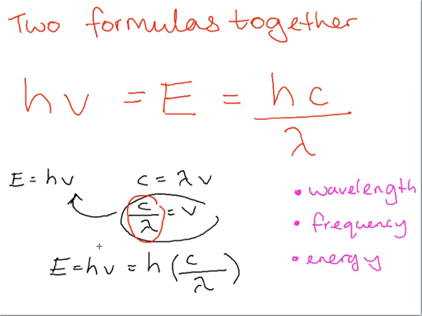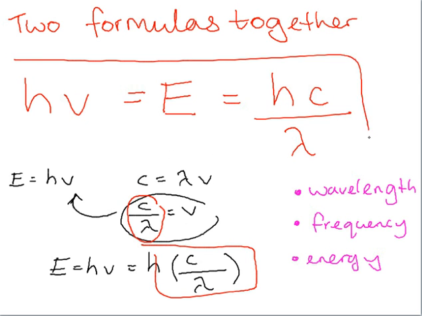So E equals h times v is the same thing as E equals h times c over lambda, and that gives us this part right here. So putting these two equations together, this is what we got.